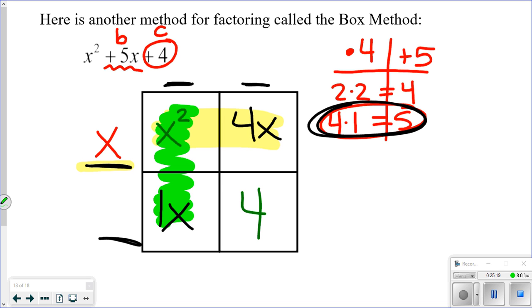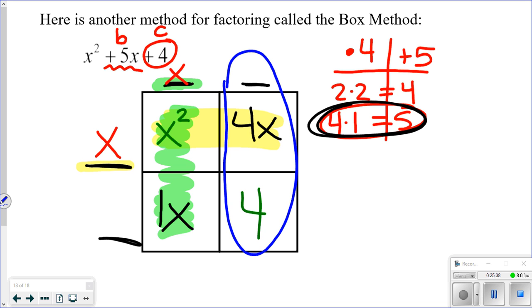Okay, now let's do the same thing this way. What's the GCF here? And it's going to go there. They don't share any numbers, but they share an x. Now look, x times x gives me this x squared. I could keep going and pull out the GCF from here and put it in this space, or think about the box method. X times what gives us 4x? 4.